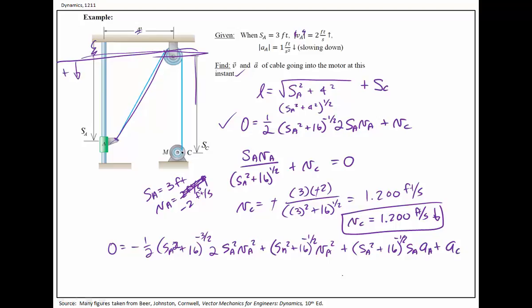Now, how did I do that? I'm taking the time derivative of that. So that's why we have this acceleration right here.